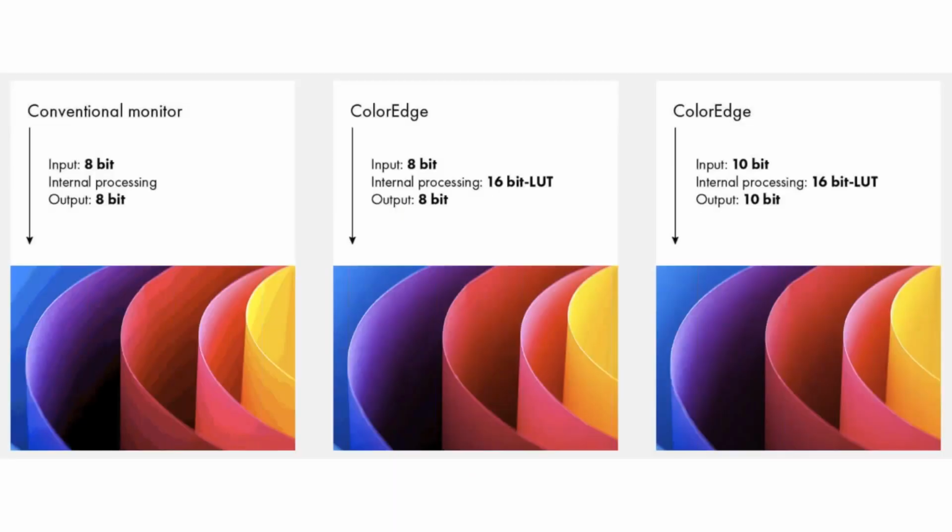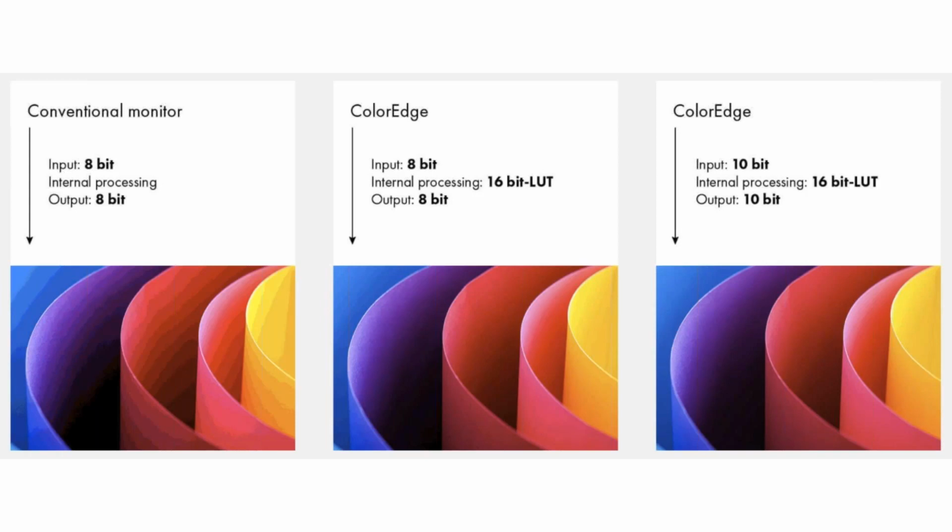The next thing is the color rate that we use. Usual monitors just have an input rate of 8-bit and an output rate of 8-bit. And of course, there is no room for corrections. There is no room for changing anything with the homogeneity or anything like this. This is the reason why our graphics monitors have a much more powerful internal processing with a 16-bit LUT.